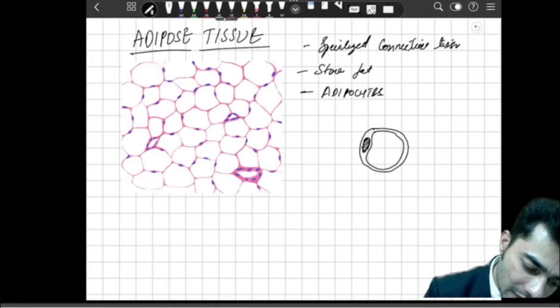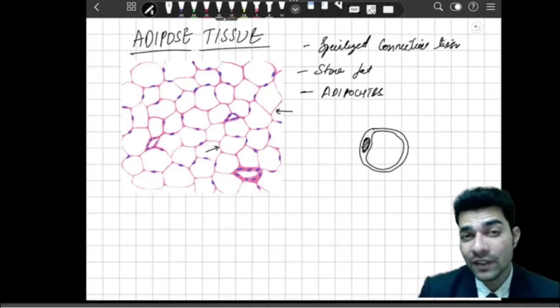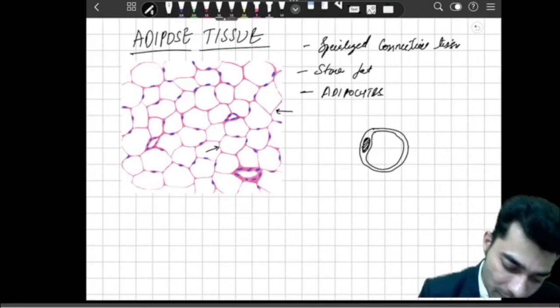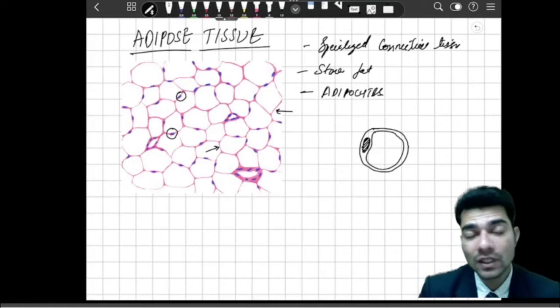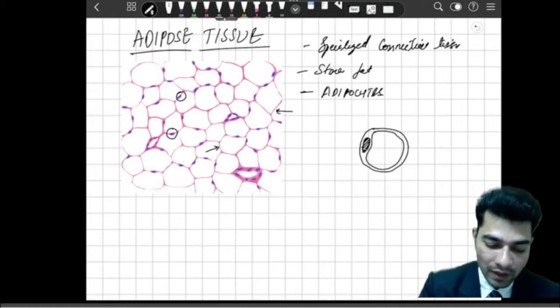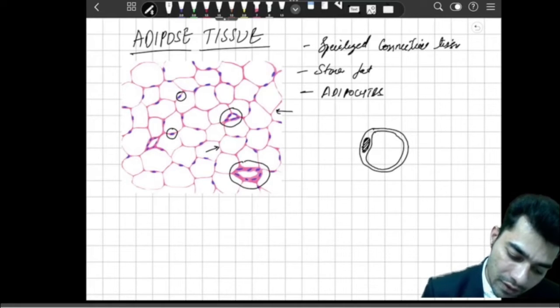Here you can see the eosin stained pink color. These are the cell walls, with the rim of cytoplasm, and these are the nuclei which are pushed to the periphery of the cell, and these are the vessels.